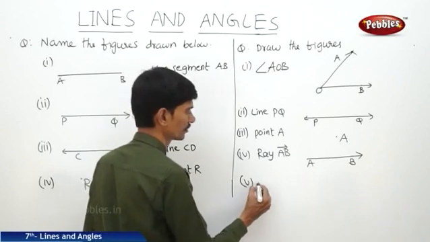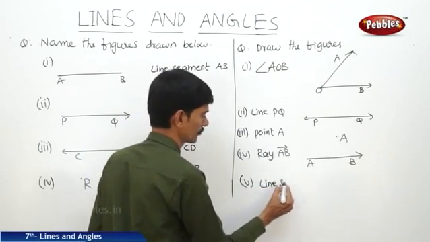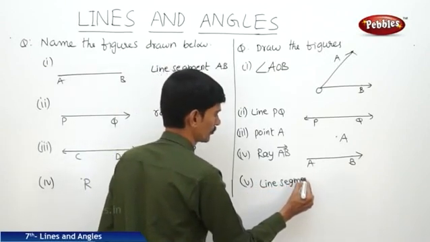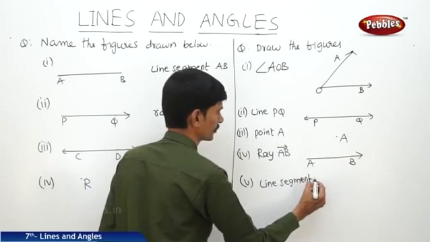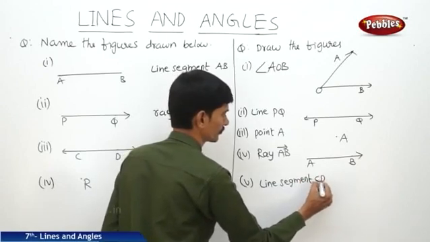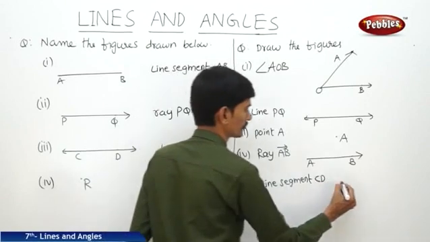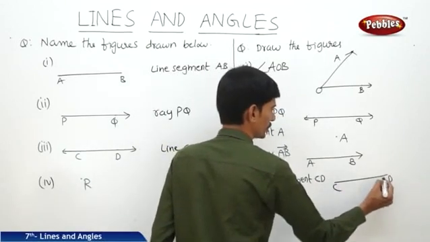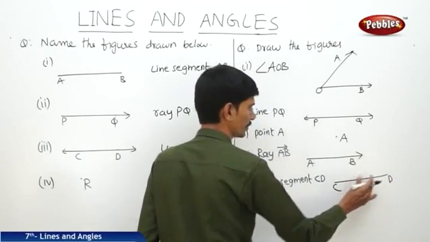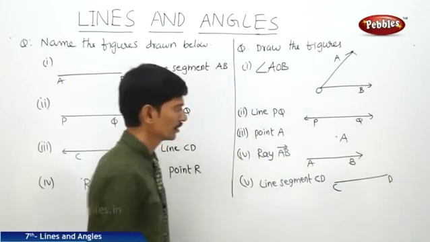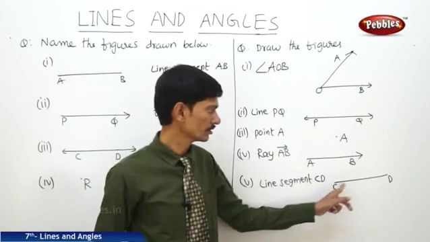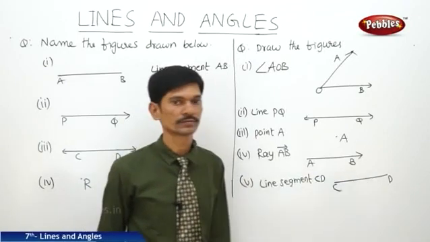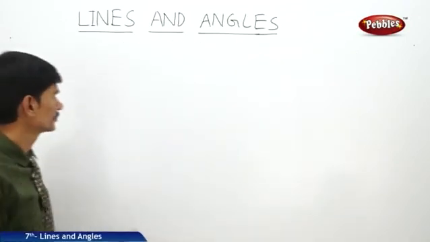Now the line segment CD. So the line segment CD, it has a definite length and it cannot be extended in any direction, and it has two endpoints C and D. Now let us see the next question.